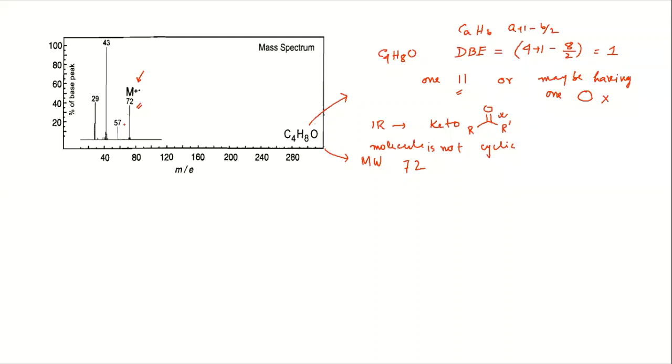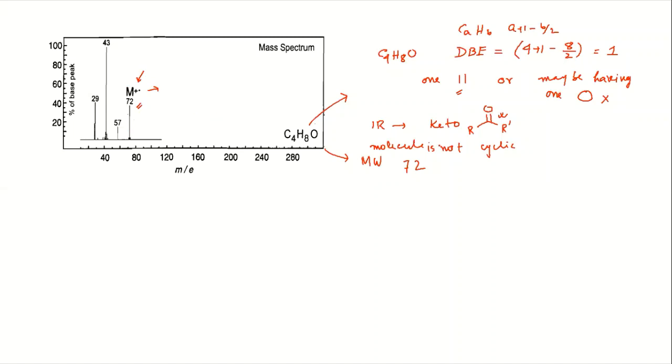So in this case it is fine, and M plus is mentioned also, so no doubt. Now you look at other peaks, 57, 43. How can you come closer to the structure based on this mass spectrum?